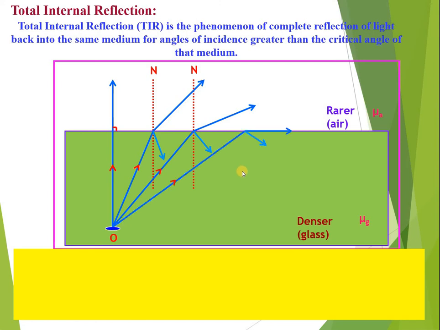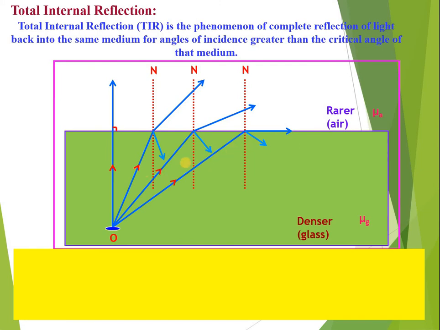If we keep on doing this, a particular stage comes for which the angle of refraction becomes 90 degree. So for that angle of refraction of 90 degree in the rarer medium, the angle of incidence in the denser medium is assumed to be i, then i is the critical angle.